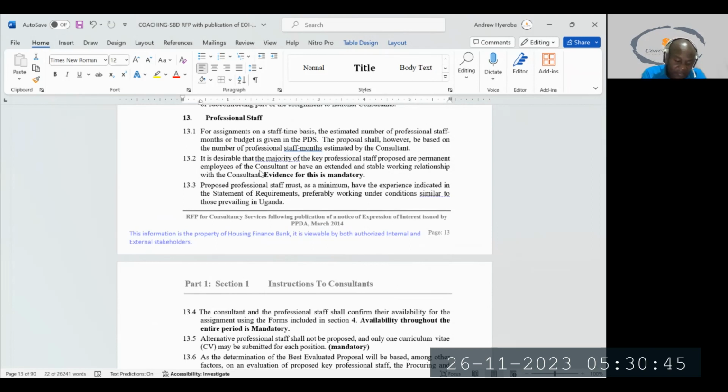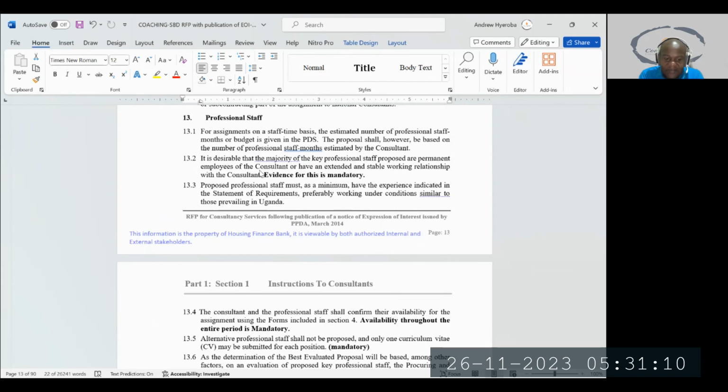What normally happens is, in the bids I've participated in where I'm not an employee of the organization we're bidding for, they tell us to write and sign a letter of commitment to work with this organization or company for at least 12 months, or the period of the contract.